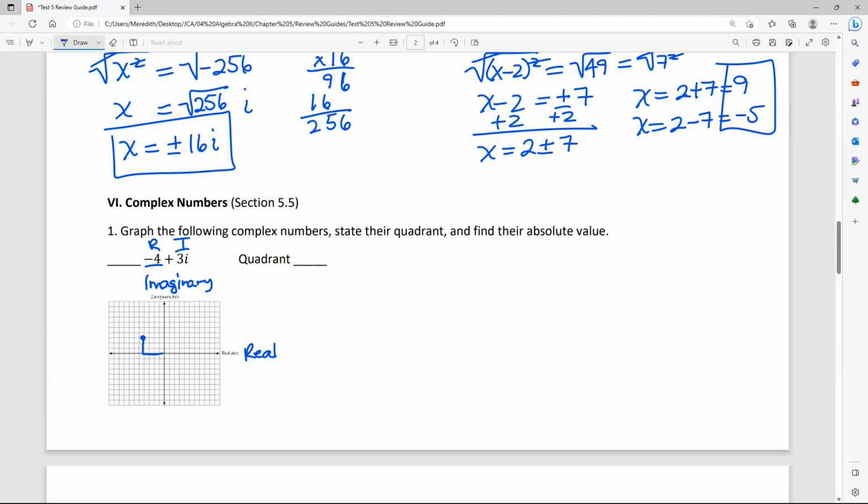When they ask us to find the absolute value, what they're asking us to find is the hypotenuse of this right triangle that we've created. So this is what we're trying to find.